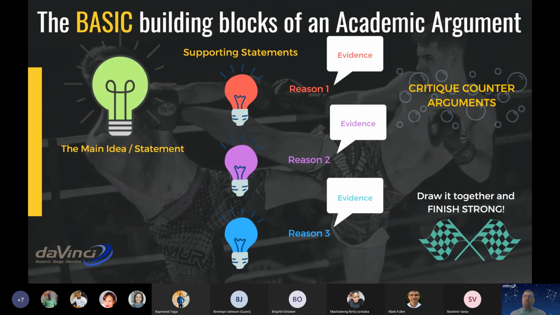Once you see the topic, I want you to think of 3 reasons you take that particular stance. If you had more time, you could start thinking about what is the evidence that I would be able to gather to support those reasons. We're not going to do that level today. That is for the next session.